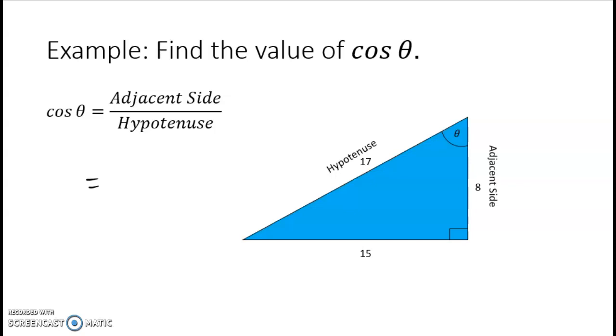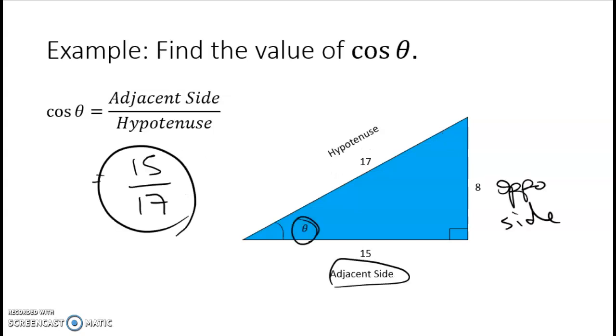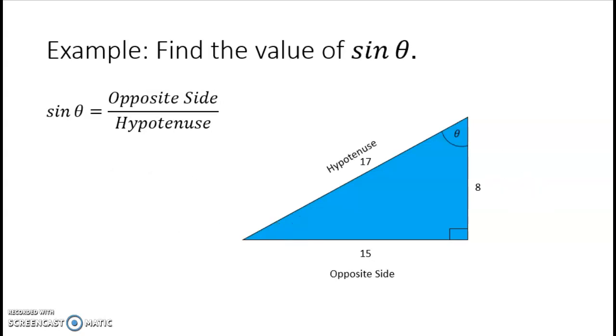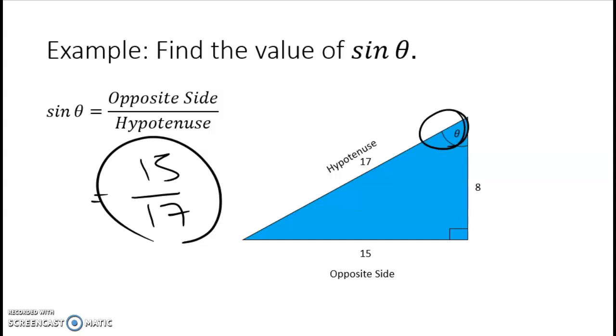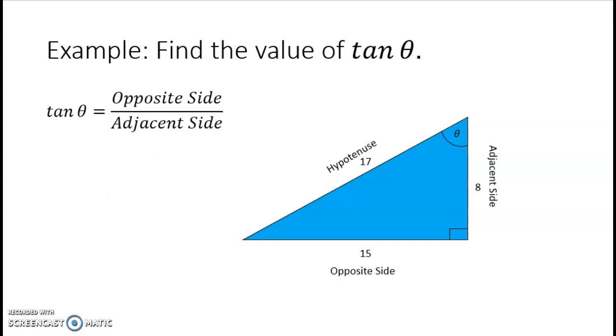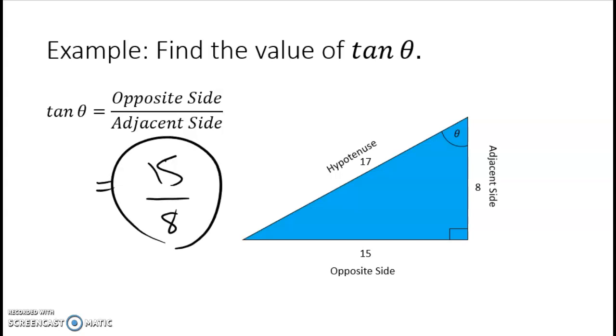So this cosine of theta will be 8 over 17, whereas a minute ago it was 15 over 17. It all depends on where your theta is. Now this sine is going to be 15 over 17 because our theta has moved. And now tangent is going to be 15 over 8.